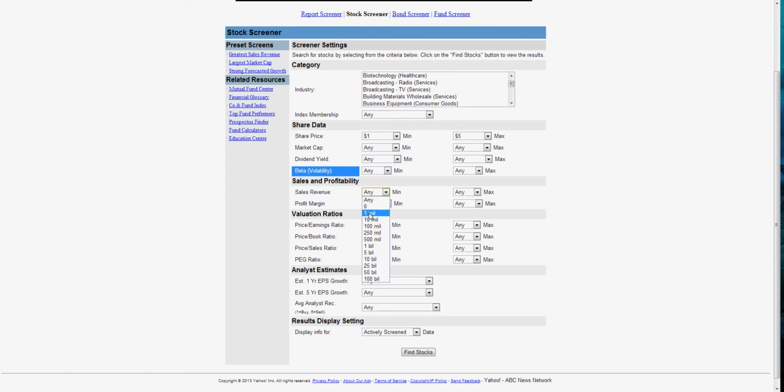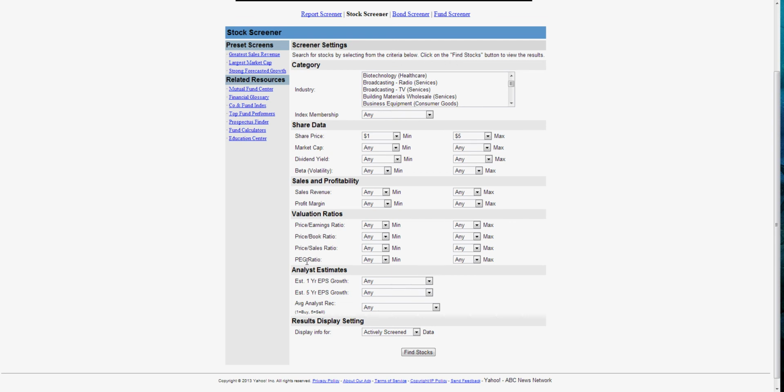Now here, if you want just the price, you can put which price you want. For example, I want $1 to $5. Only this. Okay. Now here the market cap means how big is the company.